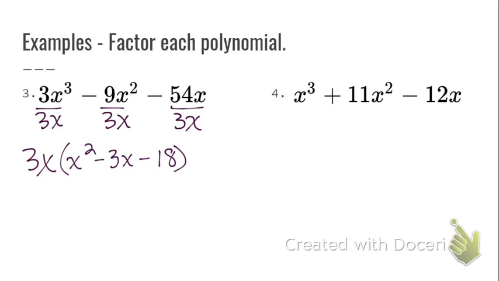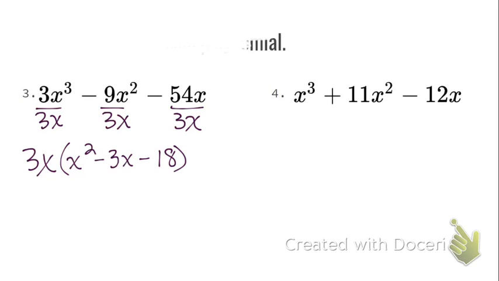What we have left, we're going to factor with the x method. So our x, we're trying to multiply to negative 18 and add up to negative 3. So this time we need our bigger factor to be negative because we're trying to add to a negative.